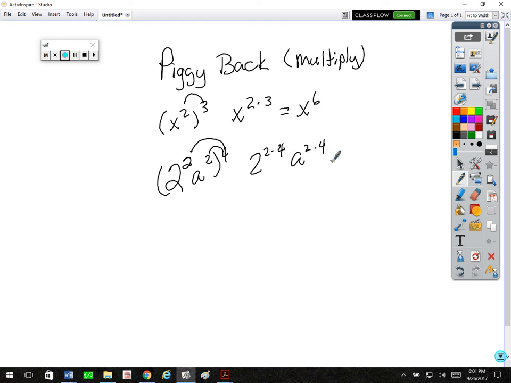And then we can solve it out. So 2 to the 8th power, a to the 8th power. Now we can go a little bit further, but I don't happen to have my calculator handy right now. We can put 2 to the 8th power in our calculator and solve it out a little bit further. Okay, so the concept is getting the multiplication of the exponents down.